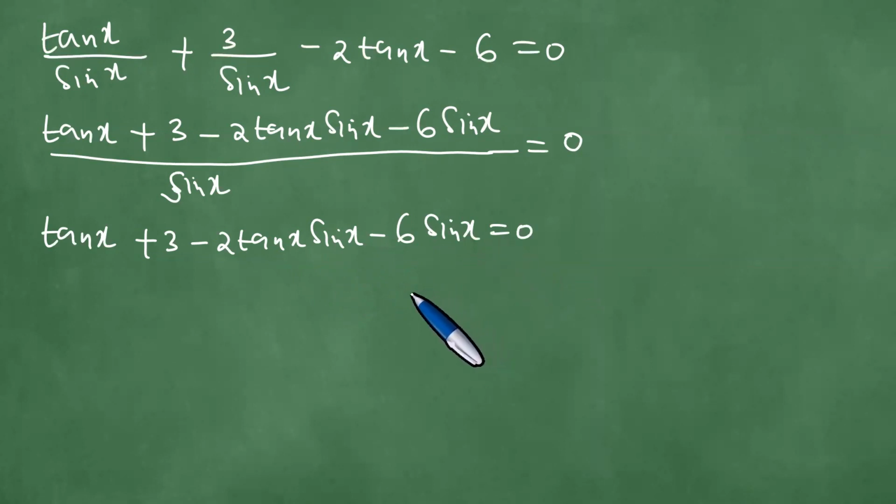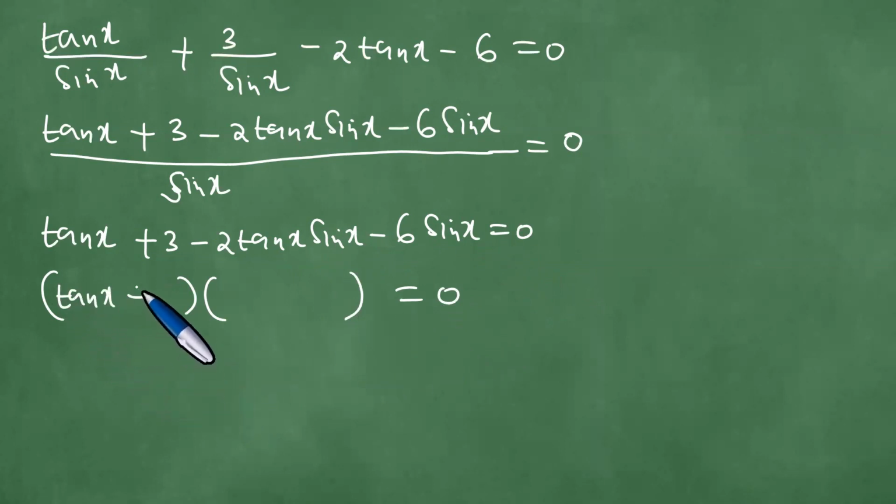Okay, then what do we do from here? We factorize this equation. We factorize this trigonometric equation by writing down tan x plus 3, and we have 1 minus 2 sin x, like this.